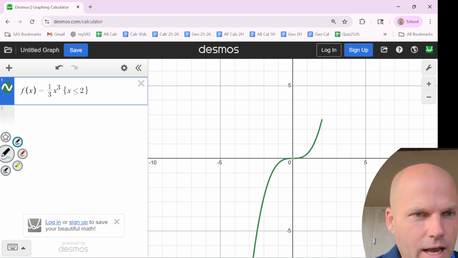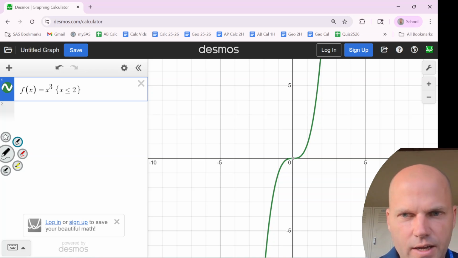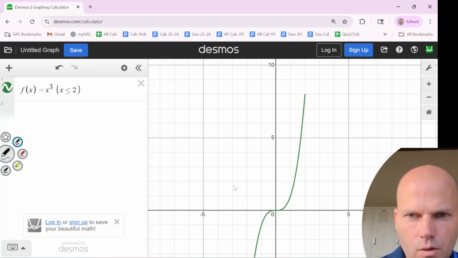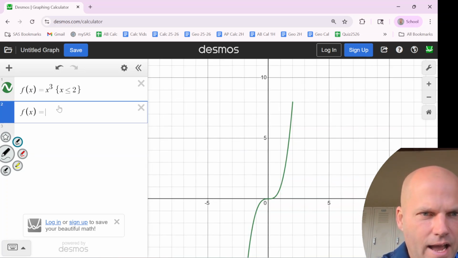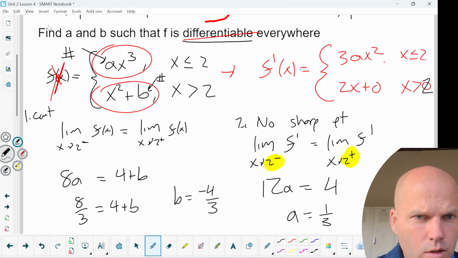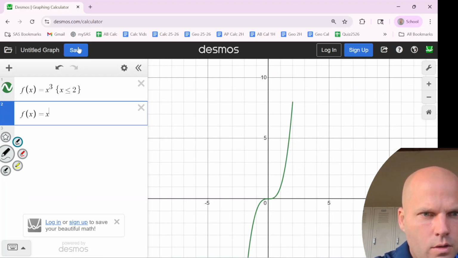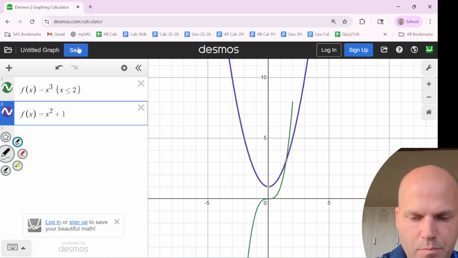There you go. Now, let's pretend I didn't have that third there. Let's pretend I had the 1 there. Cool. So it stops there, right, at 2. And then I have x squared plus b. I'm going to pick a random b like that. Use crazy parentheses, x bigger than 2.